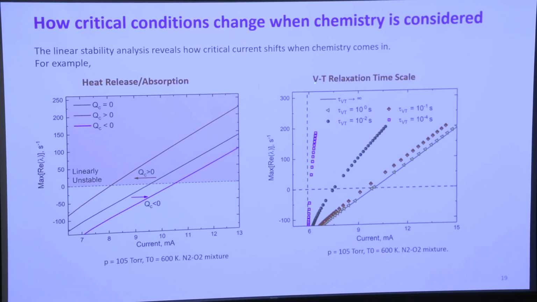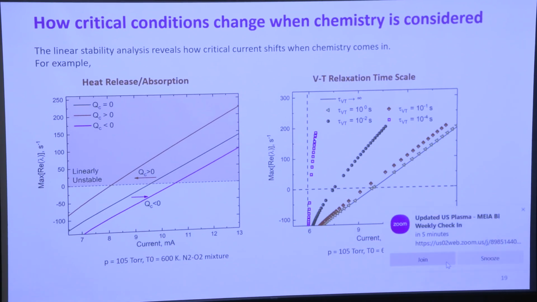If you look at the vibration-translational relaxation timescales, for example, this is at 10 to the minus 4. If the vibration-translational or vibration-rotation energy transfer is fast, that means the non-equilibrium becomes equilibrium faster and instability will develop.